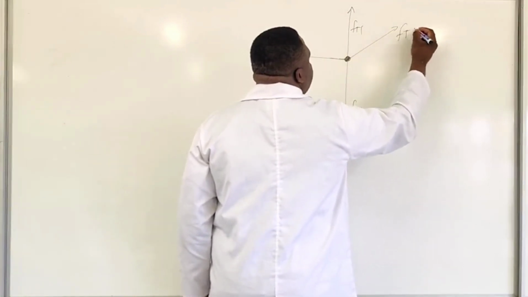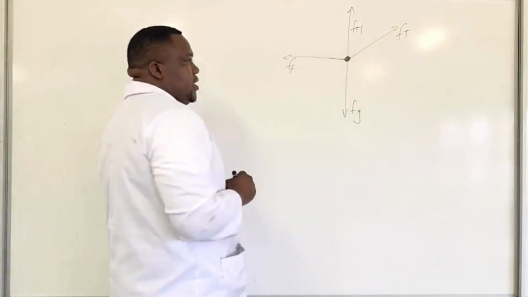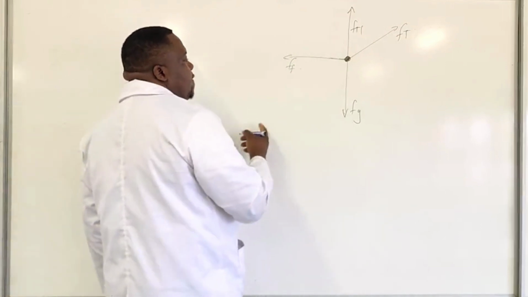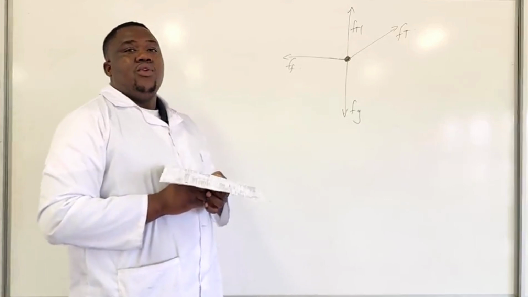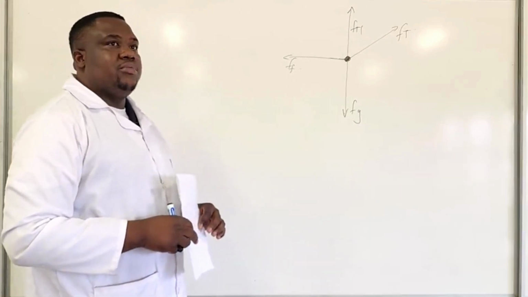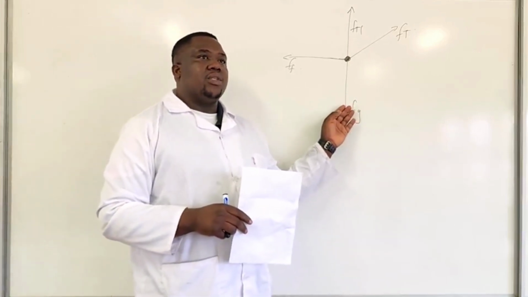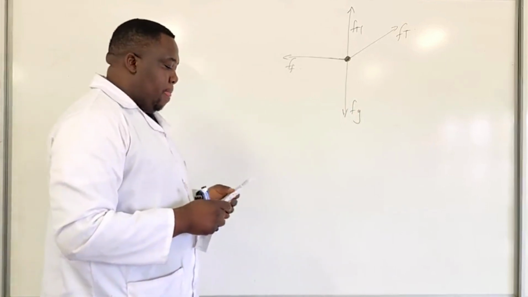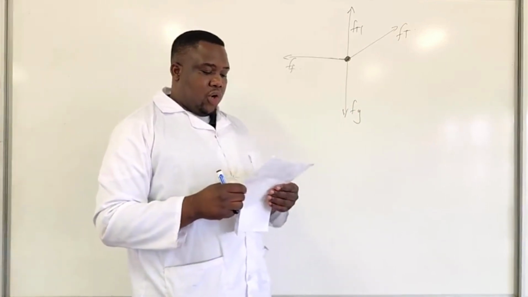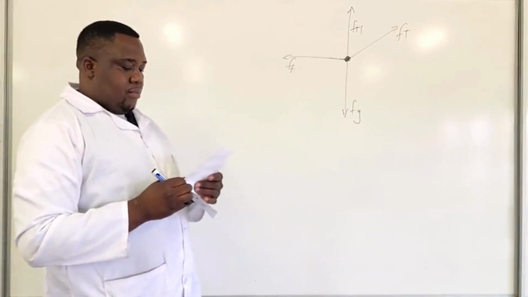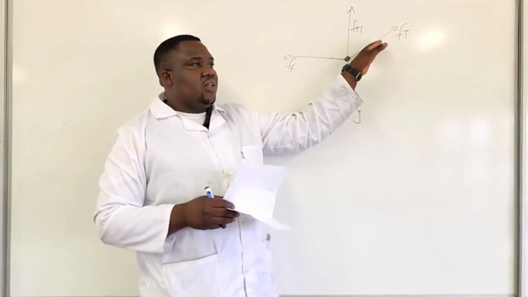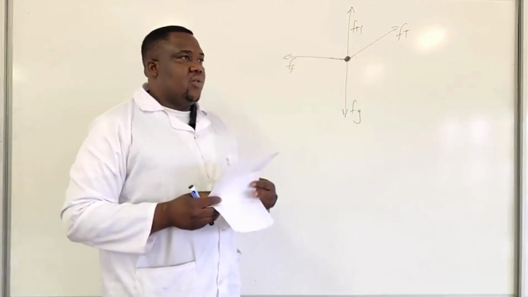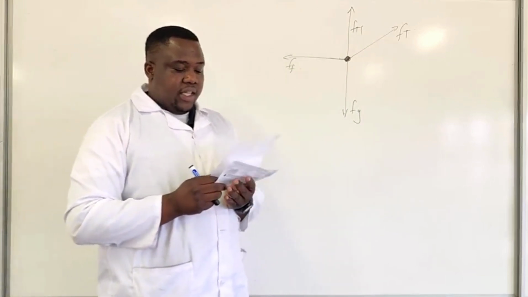So we're going to have Ft. That is the tension. So that is the free body diagram of the 8 kg block. The tension is acting in that direction where I've pointed it.